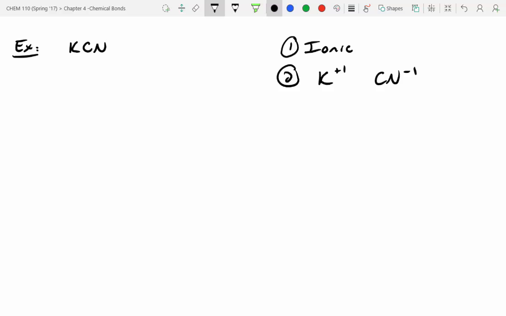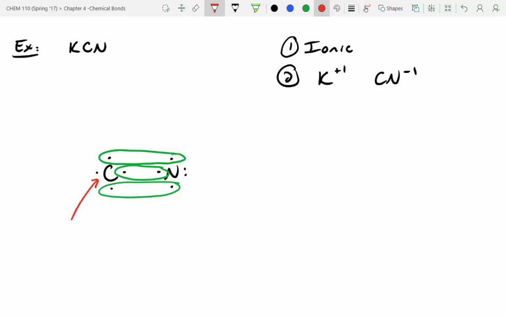If we want, we can go through and draw the Lewis structure of that real quick. We know that carbon has 4 valence electrons. Nitrogen always has 5. So what we're going to do is try to pair these up. And then if we look over here, this side's missing an electron, so we're going to add an electron.